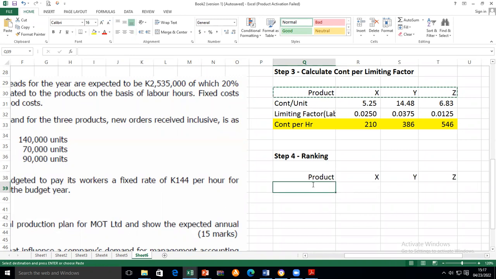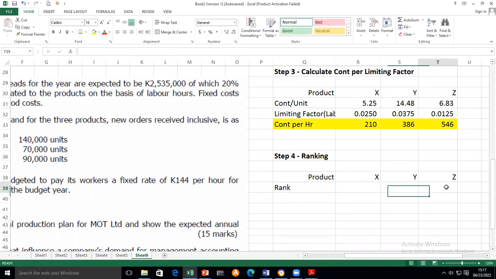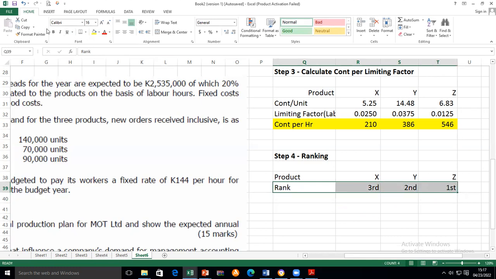So what is the rank? Which one is number 1? Which one is number 2? Which one is number 3? So that's your ranking there.